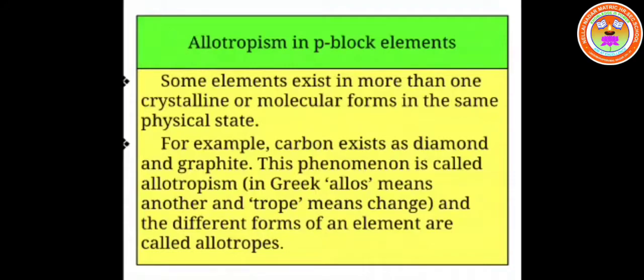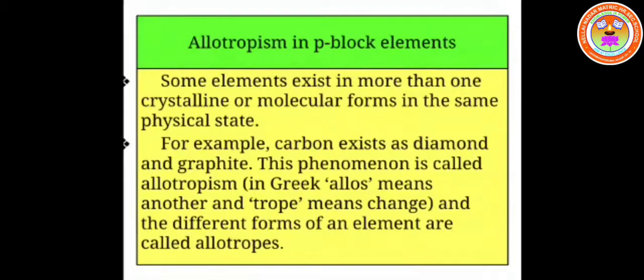Okay, children? So what is allotropism? It is the phenomenon in which some elements exist in more than one form. That is, they exist in different physical structures.